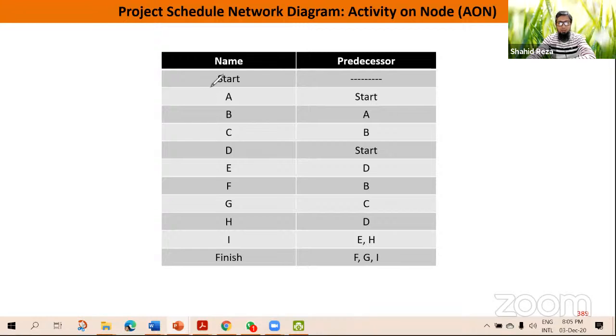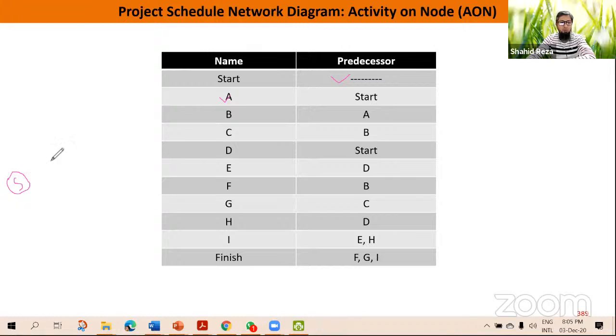First thing, you need to write start, the starting of the network diagram. Then activity A, and if you see the start, it has no predecessor, right? So there is no predecessor of start. Then activity A has a predecessor, that is start.